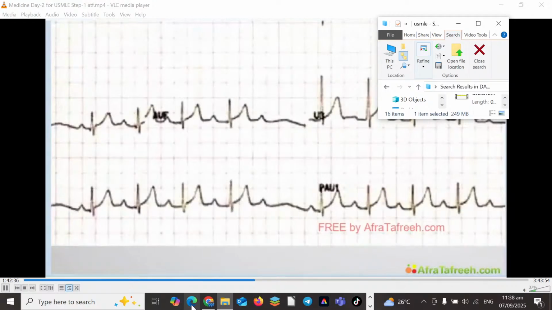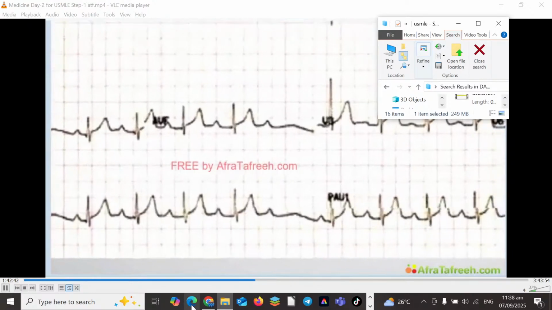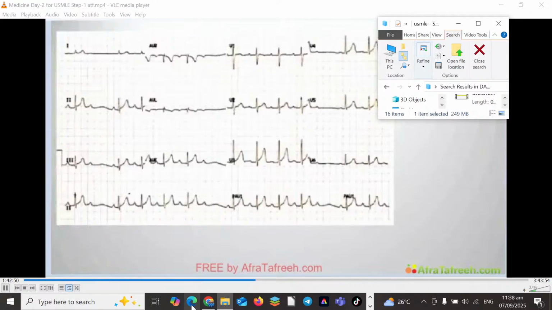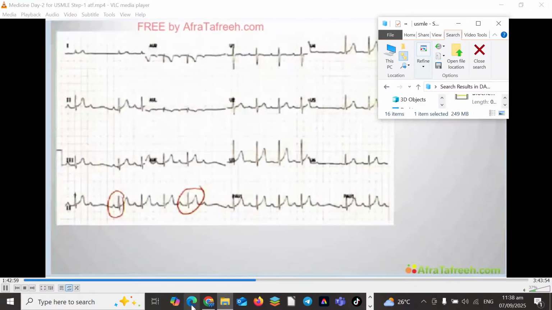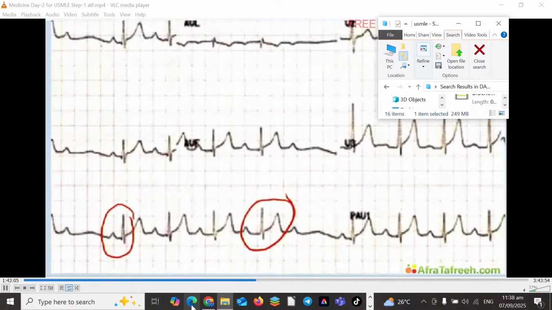Look at this strip. When you look at this P wave here, and look at this PR interval here, can you see the increase in PR interval between the two?